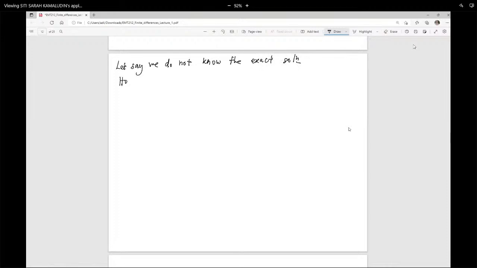How do we evaluate the convergence? Let's say we plot our graph.